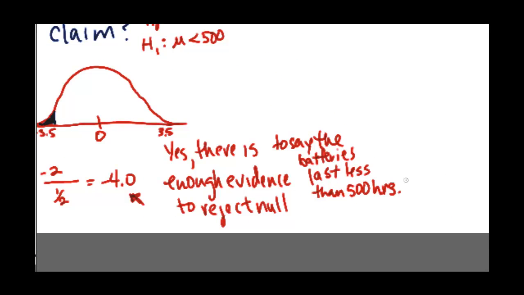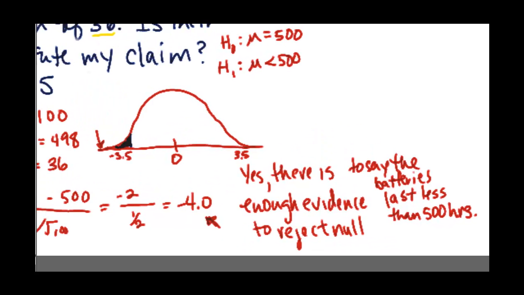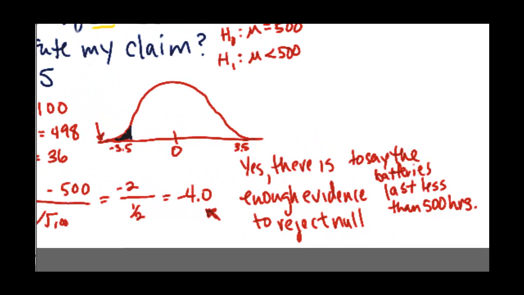Okay, so when we're doing this, if you remember, our z-score that we tested out was negative 4.0, and we could compare z-scores, right? So if I looked up the z-score for 0.05, I think it's 2.9, something. It's roughly in the 2s, and our calculated z-score is negative 4, which is way less.